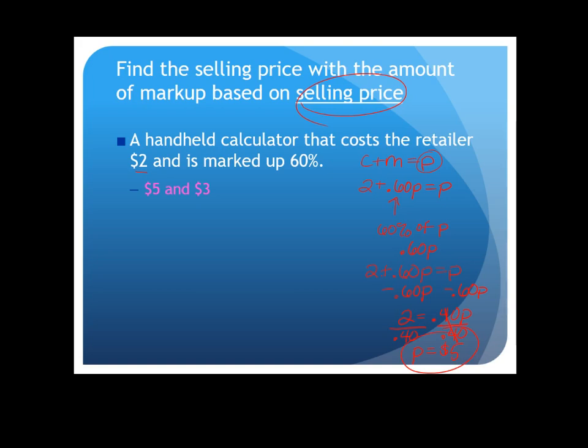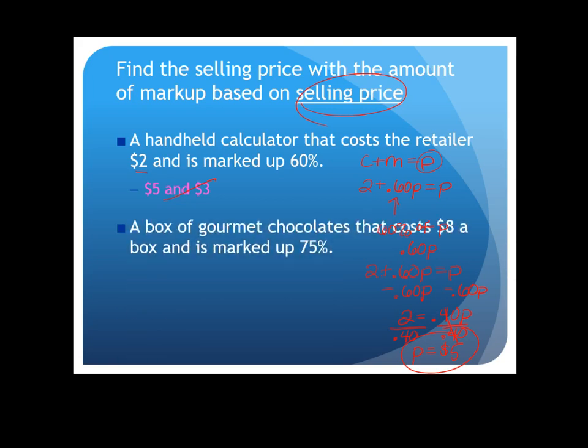Okay, the $3 is how much it was marked up, and it didn't ask for that, so you don't need that. But if you wanted to know how much it was marked up, it would be $3.